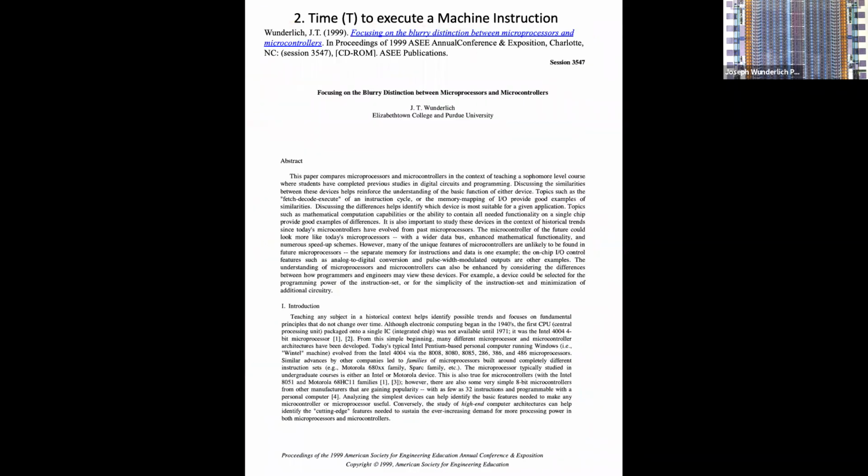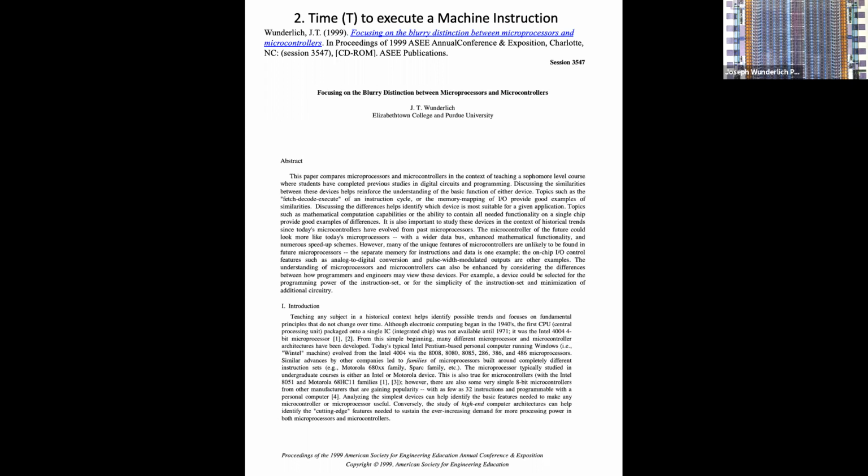The second thing we want to think about with performance is how to compute the time to execute a machine instruction with the specific contributions of cycles per instruction and the switching speed of the transistors and the number of lines of code in a given segment to get a certain task done.